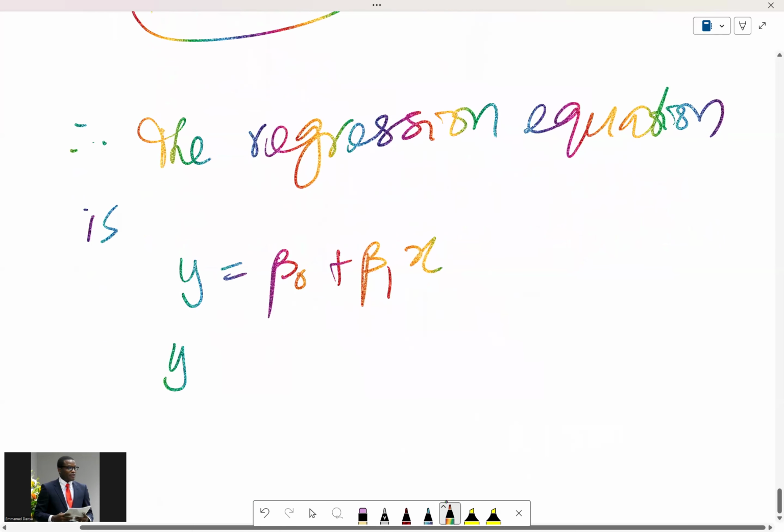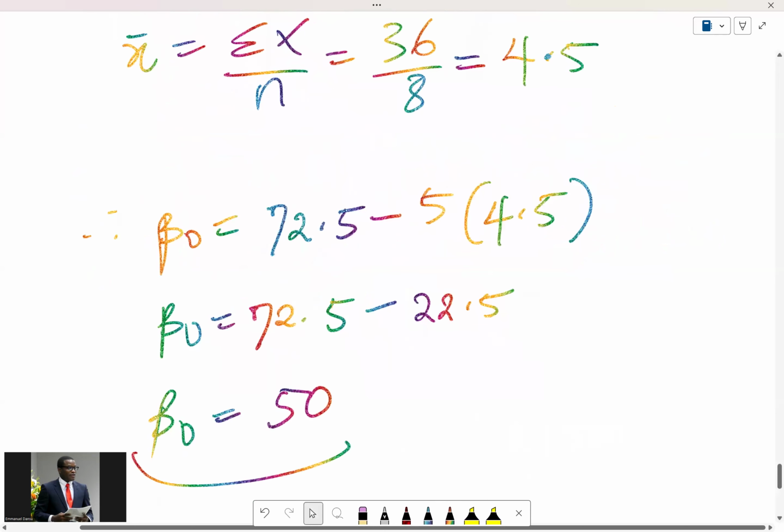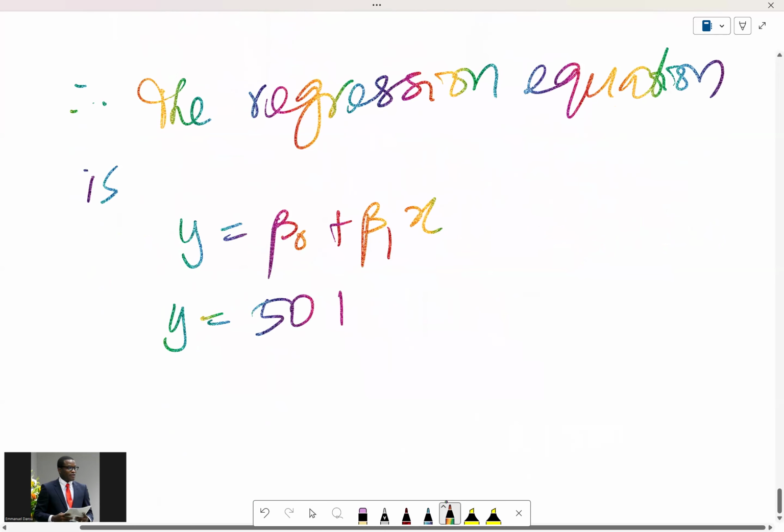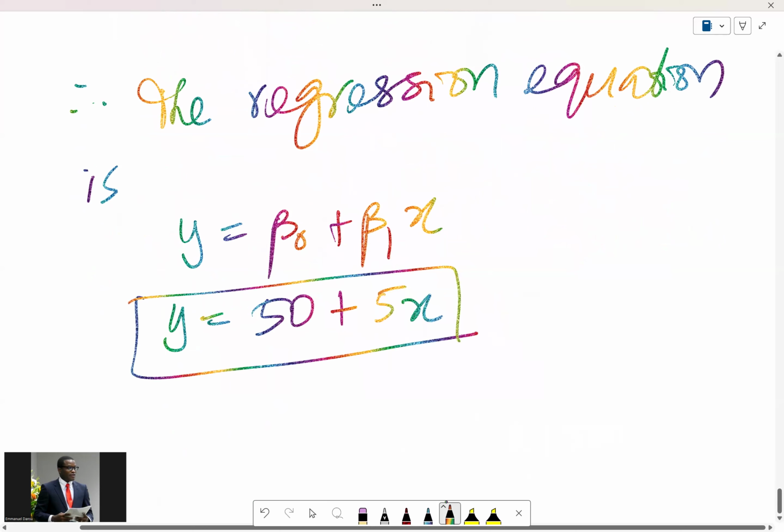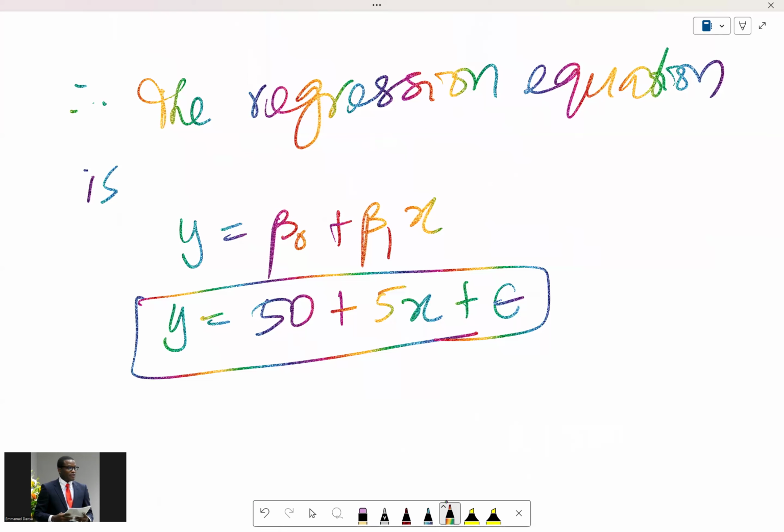So that is y equals 50 plus 5x. So this is our regression equation. But of course, don't forget, there's an error term. But you don't worry about the error term until you make a prediction. So we can go ahead now and make a prediction with this, and also get to talk about the error term.